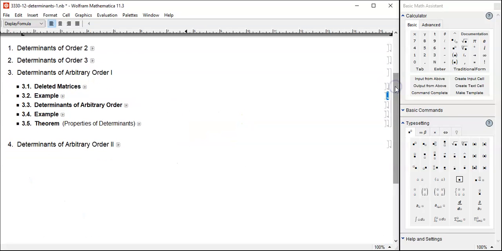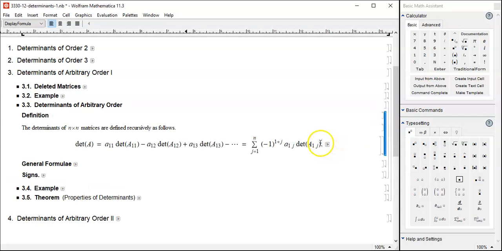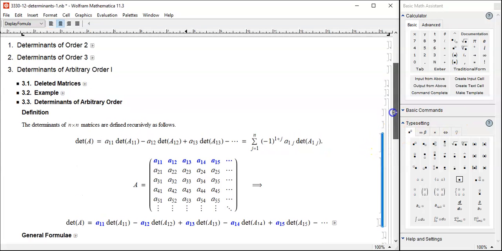And finally, are you ready to begin the definition? The definition of the determinants of arbitrary order. Ready or not, here we come. Here is the definition. Okay. The determinant of A, an n by n matrix, is obtained by a11, a12, a13, a14, a15, those are the first row.